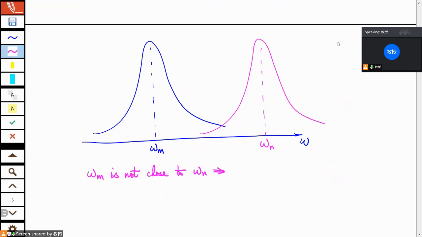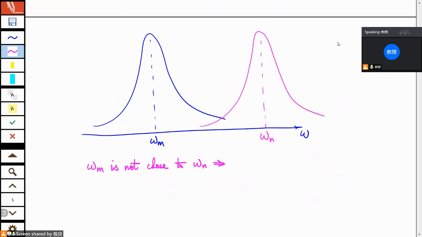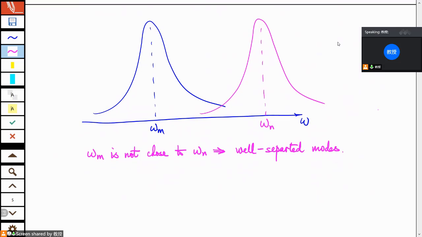And in structural dynamics, we call the structure has well separated modes. Okay, so if omega m and omega n are not close, we have well separated modes. And in this case, rho mn is very small.